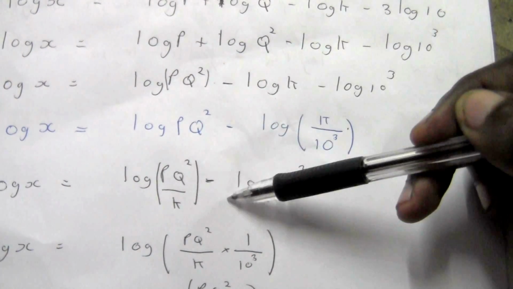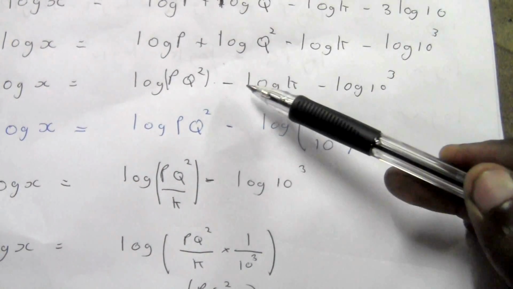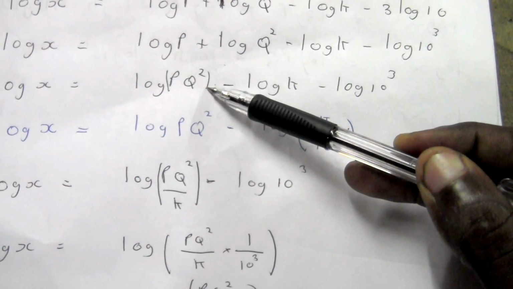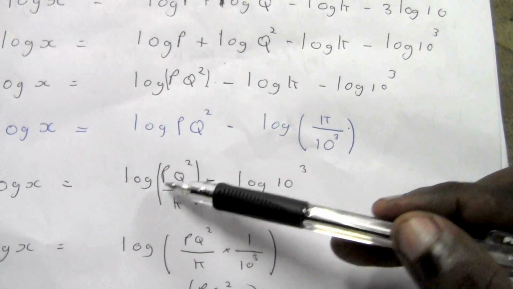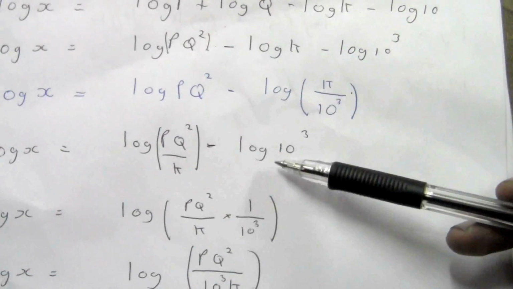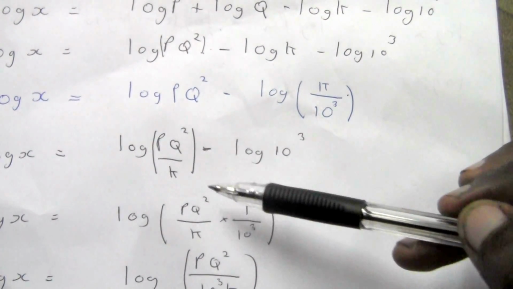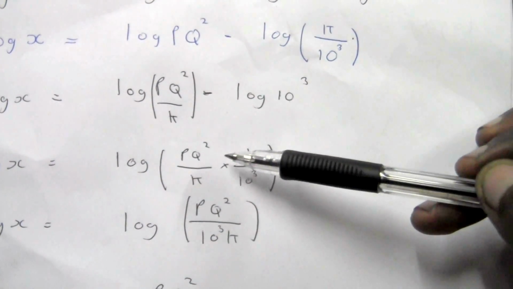So you can go from here to here. You can say this divided by this, because it's being subtracted from a positive number. Alright, so we have a log of pq squared divided by k, and we bring down this. Once again, we have it being subtracted from a positive number, so we can work in the next division.